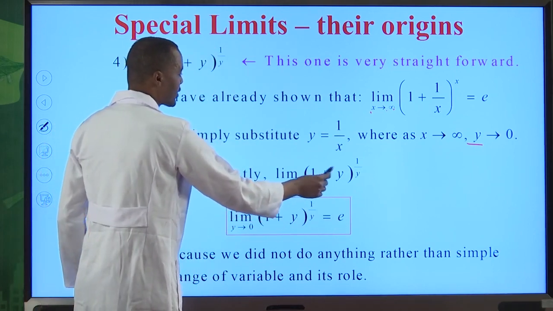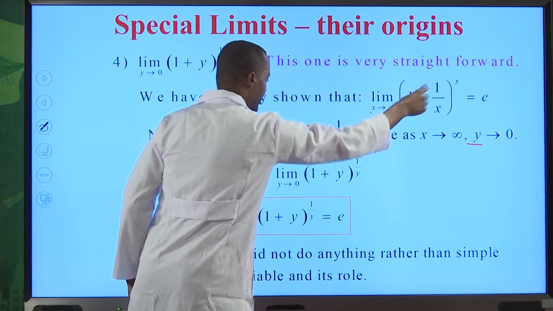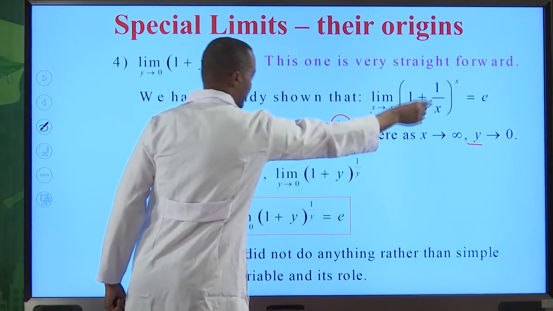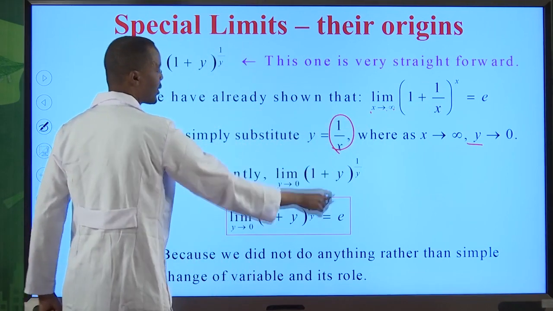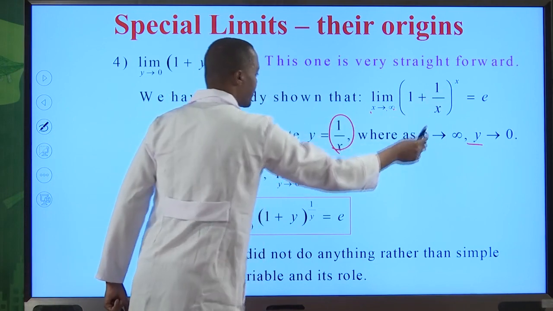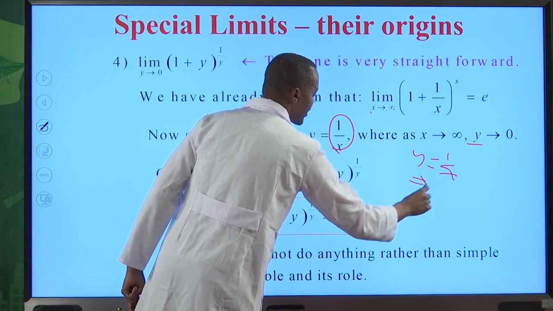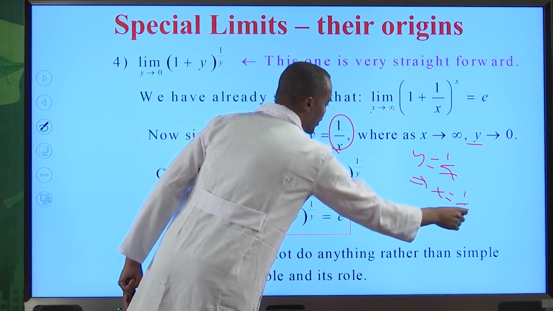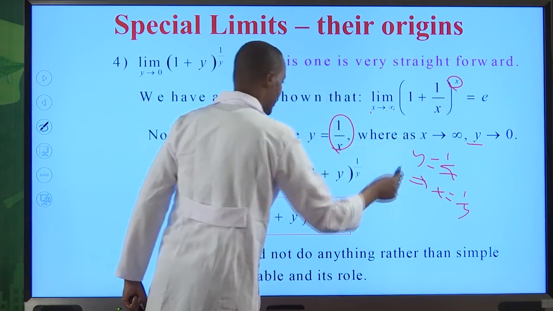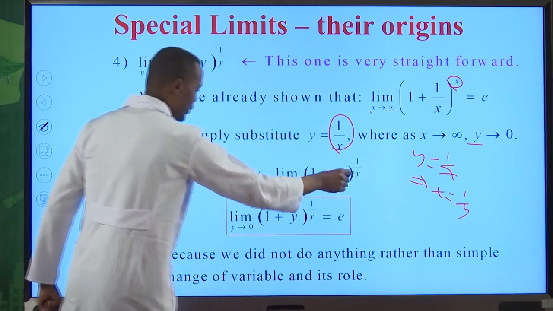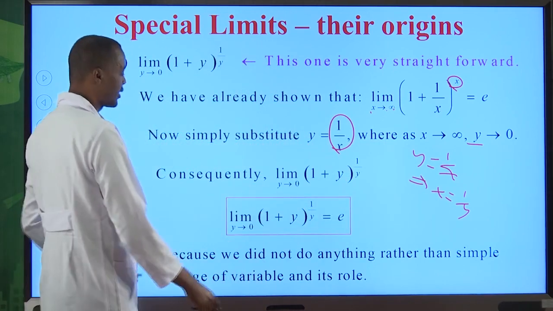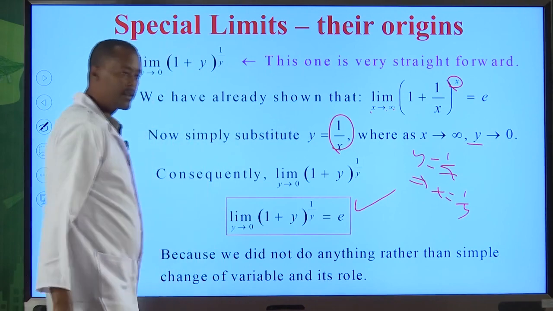This is (1 + y), because 1 + 1/x is already substituted by y. And instead of x, if y is 1 over x, it also implies that x is 1 over y. So instead of this x, I can write 1 over y there. So that is simply the way we write this special limit.